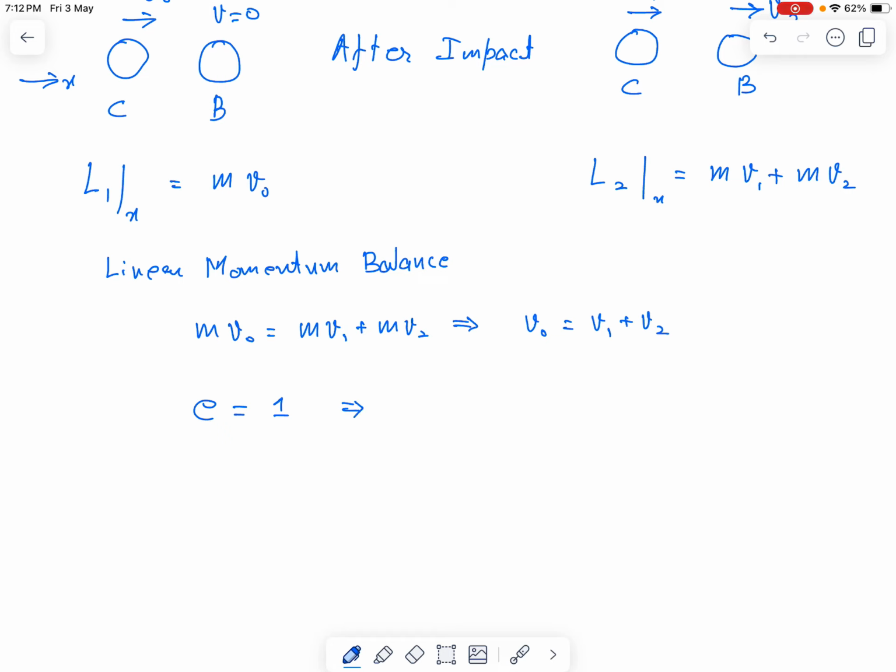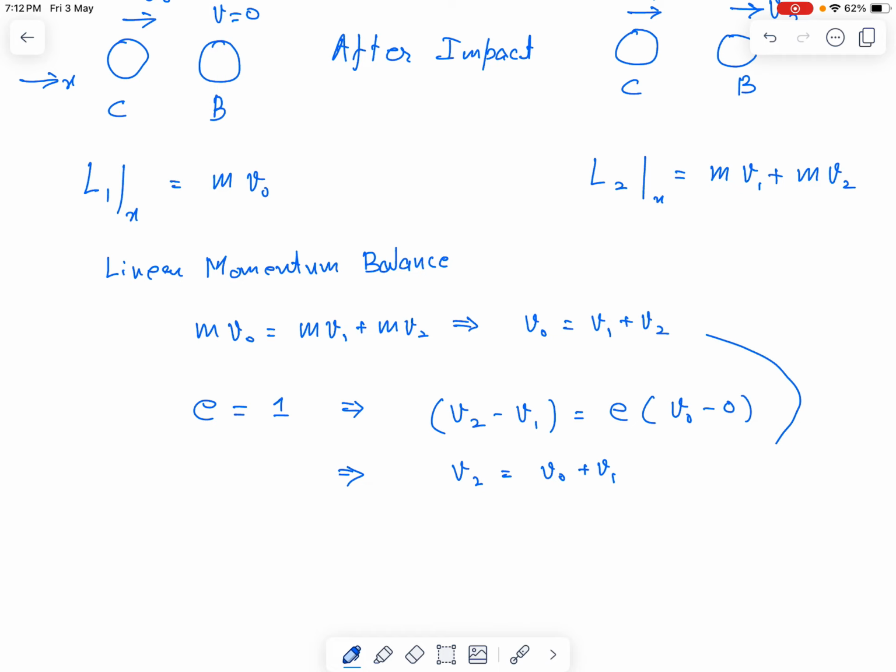This implies V2 minus V1 is equal to e times V naught minus 0, and this will give you V2 equals V naught plus V1.